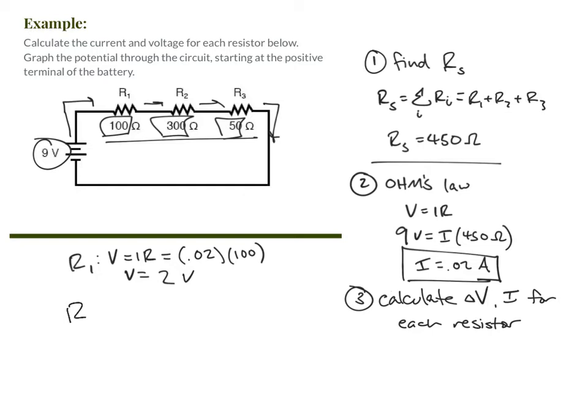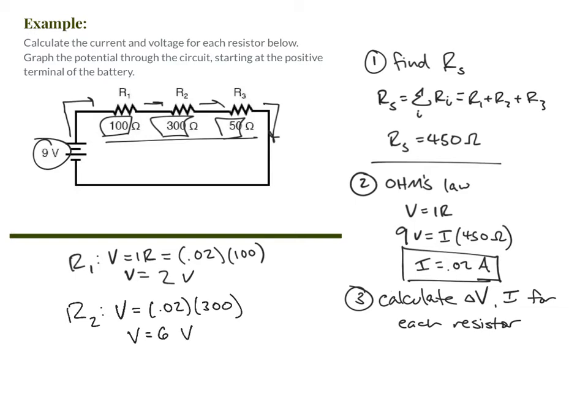Now R2 has the same current because the current is the same everywhere in a series circuit. So you get V for voltage equals I, 0.02, times the resistance, which is 300. The potential difference drop across that one is going to be 6 volts.